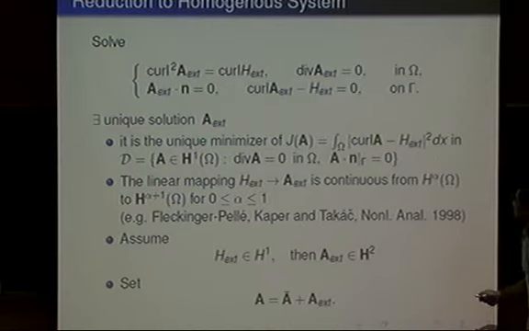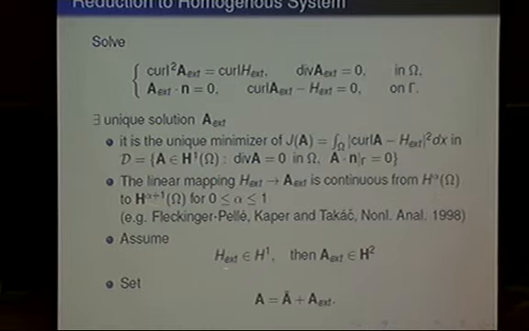And it has been proved in this paper that the mapping of the external magnetic field to the electromagnetic vector potential is continuous from H alpha to H alpha plus 1. Here the bold letter means the vector space.